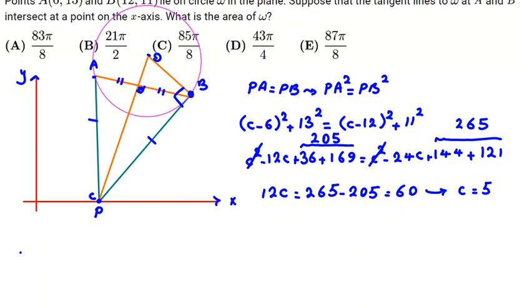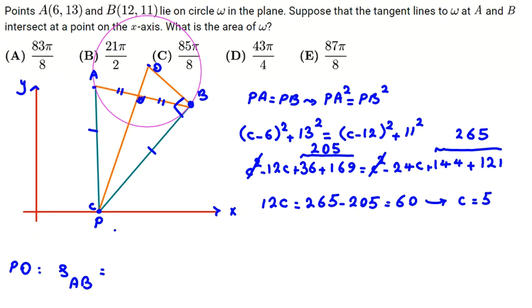Let's first focus on finding the equation of PO. We should find its slope. The slope of AB is 13 minus 11 over 6 minus 12.